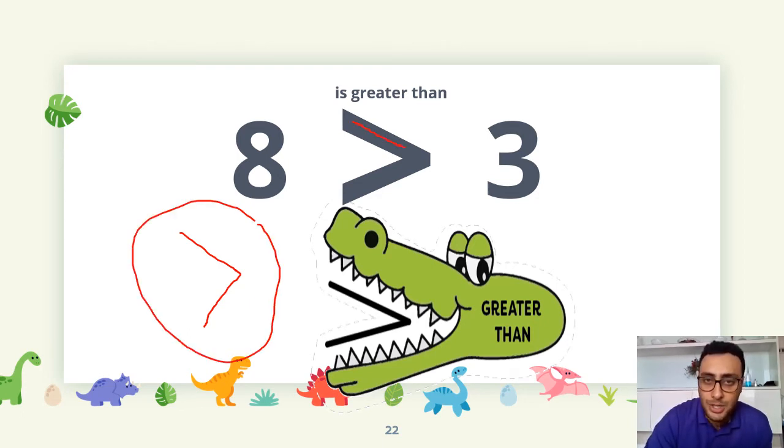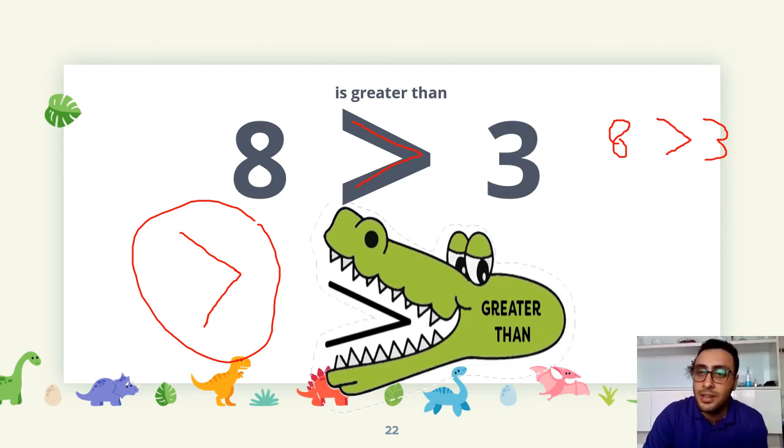Do you understand? So, for example, if I just write 8 and 3, you can just write the sign, because remember, the alligator is going to eat the bigger number, which is 8.